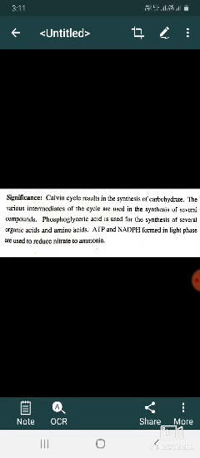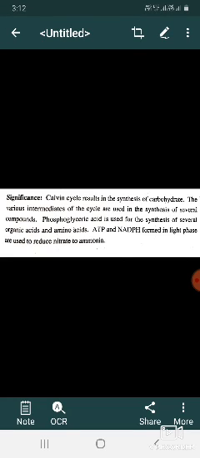Most of the plants growing in temperate and tropical regions fix carbon dioxide by Calvin cycle. Significance: this Calvin cycle results in the synthesis of carbohydrates. The various intermediates of the cycle are used in the synthesis of several compounds.